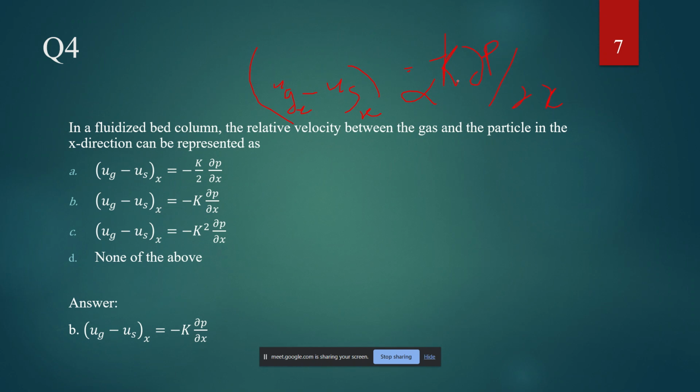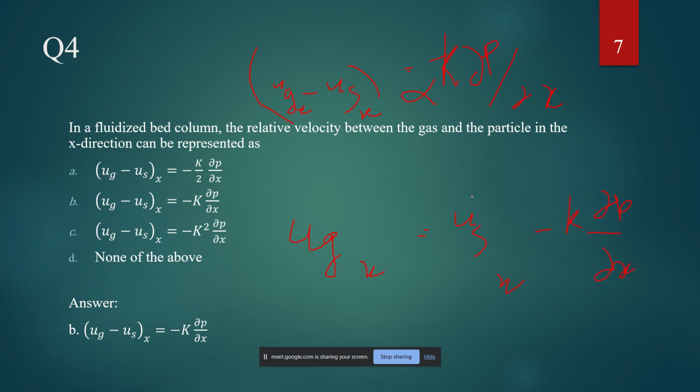It is proportional to the pressure gradient, and the proportionality is given by k. It is not k square or k by 2, it is proportional to k. In other words, we can also write it as ug at x is equal to us at x minus k times dou p by dou x.